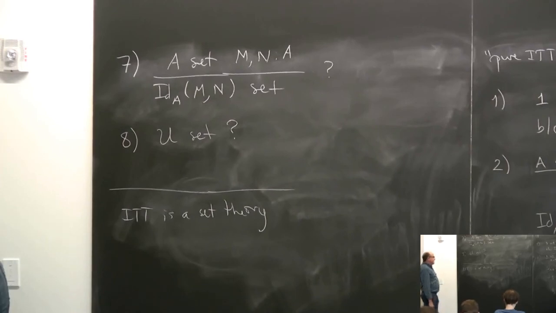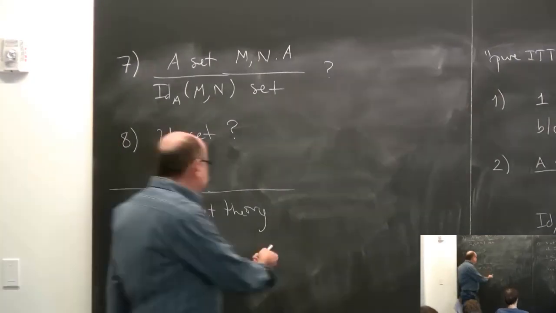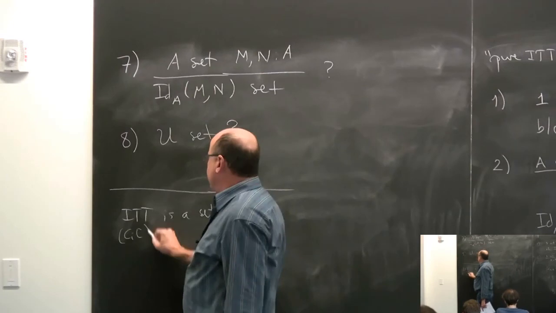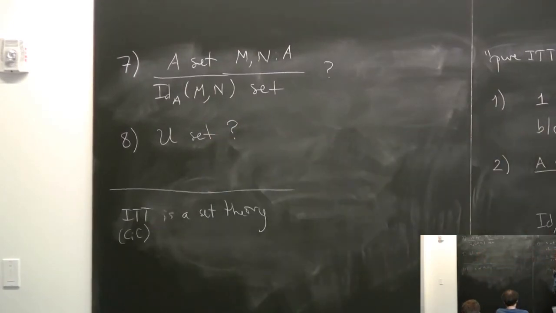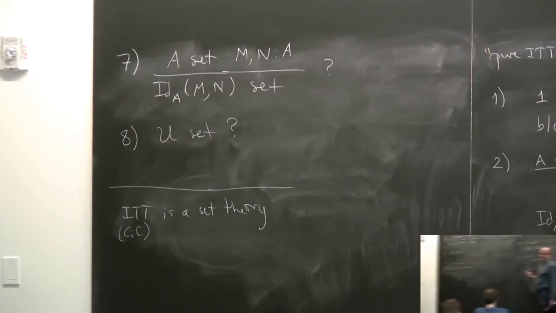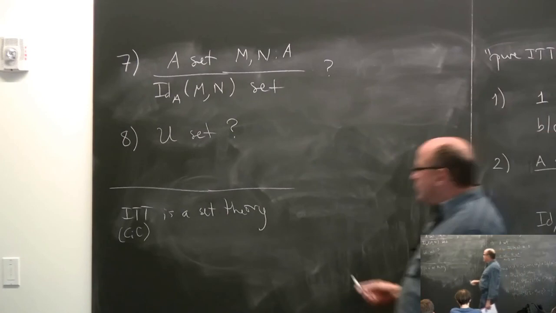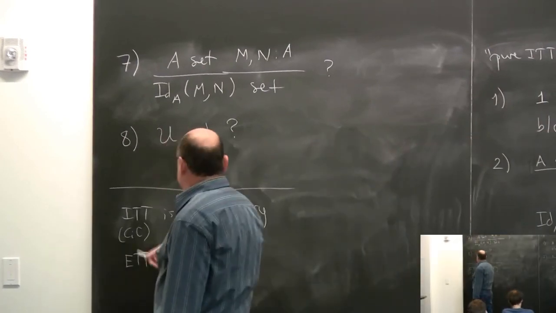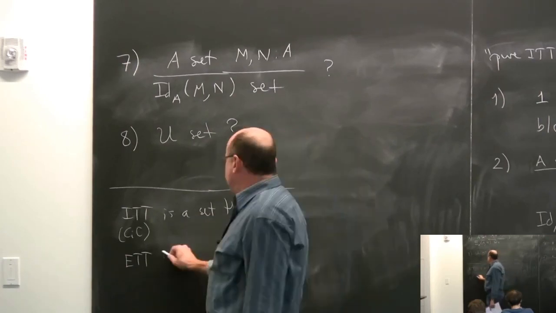ITT, conceived as a set theory, and in fact CIC, up until recently a mild extension of ITT with inductive types, is also a set theory. This resolves an interesting contention. You'll also be able to show that ETT, an extension with UIP and equality reflection, is also a set theory.